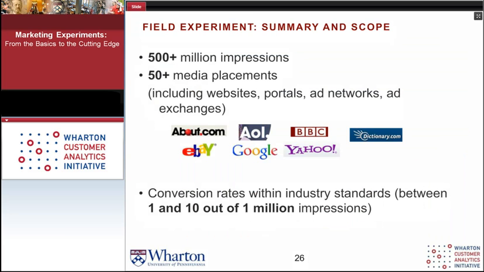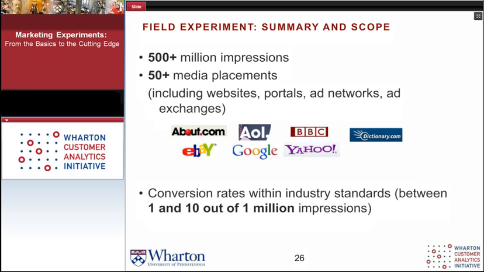We're talking about over 500 million impressions delivered over the course of a few months. And these advertisements were scattered across over 50-plus media placements, ranging from individual websites to, for the folks that are more familiar with the online display media landscape, demand-side platforms, exchanges, ad networks, et cetera. You can see just a sample of those websites.